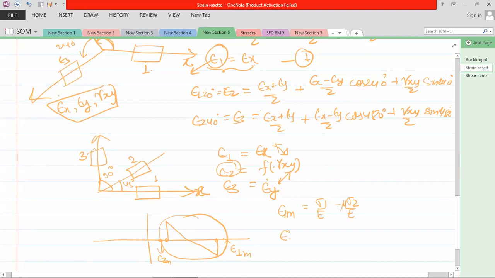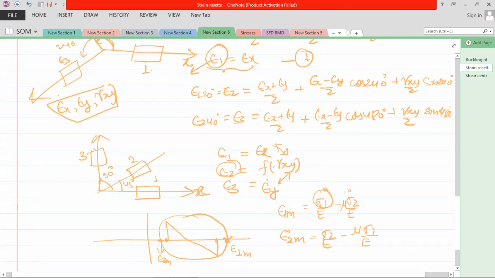Epsilon 2m is sigma 2 by E minus mu times sigma 1 by E. So you can directly get the principal stresses at these corresponding planes. That means wherever the principal strains are, there are principal stresses. So you can directly get sigma 1 and sigma 2.